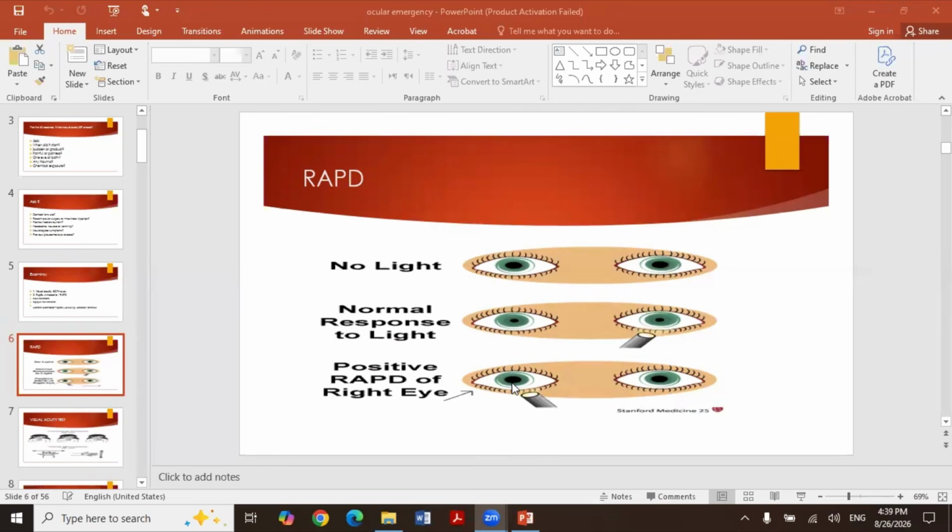There is a problem in the afferent pathway of the vision. So any afferent pupillary defect means there is a defect in the afferent fibers of the visual pathway due to optic neuritis, central retinal artery occlusion, or other causes. It's very important to know whether the pupil constricts to the light or not at all.